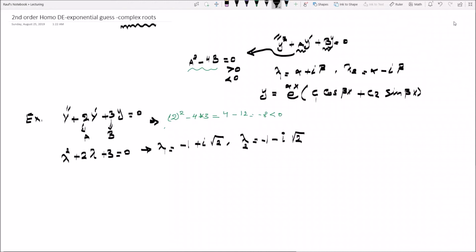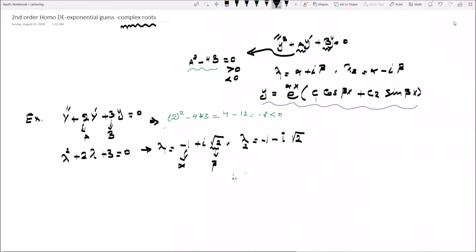Okay, our general solution using the general form that we wrote up here, the general solution for this equation would be, firstly recognize alpha and beta. In this case, minus 1 is alpha and square root of 2 is beta.